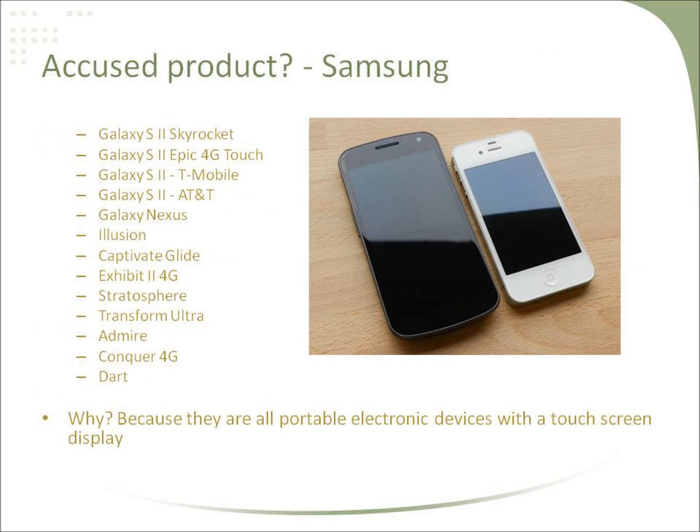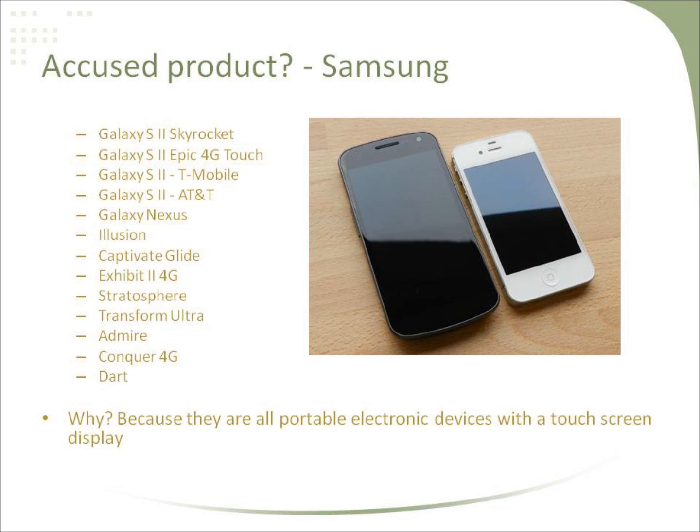Because the idea is so wide, it covers so many products. That's why in the lawsuit between Samsung and Apple, a lot of Samsung products were accused of infringing upon this patent, such as the Galaxy, the Illusion, the Captivate, Glide and Exhibit, because these are all portable electronic devices with a touchscreen display.